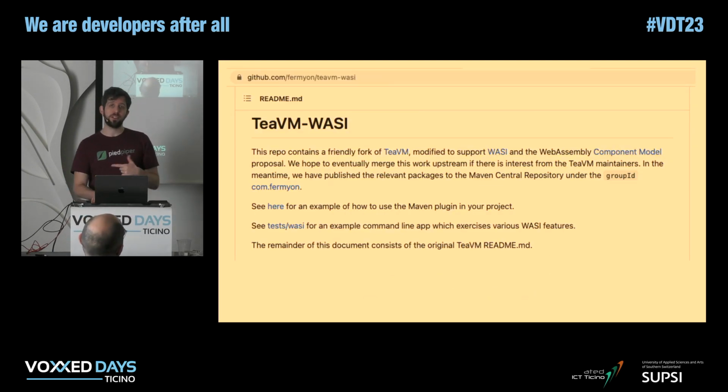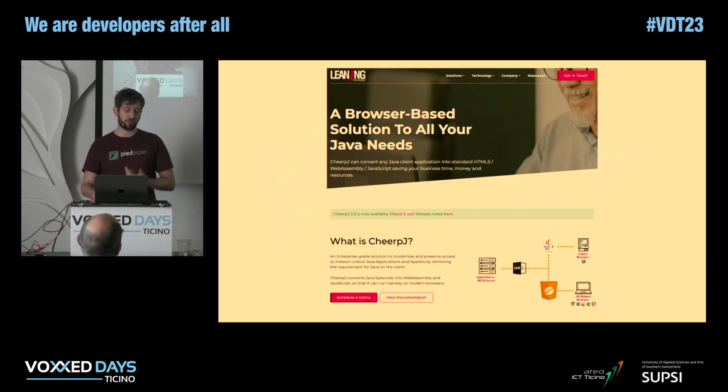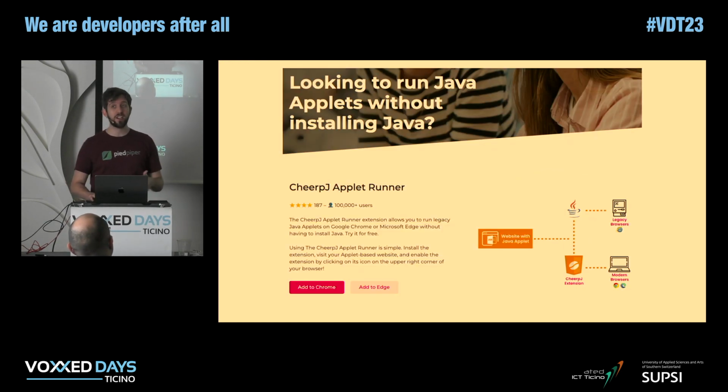There's also a flavor of TeaVM that supports WASI to run outside the browser. There's CheerpJ, which is a proprietary technology, but it's impressive because it really supports running Swing applications in the browser without Java applets. There are even Chrome extensions to run Java applets without recompiling, using directly the runtime.